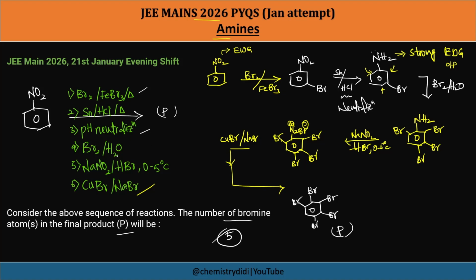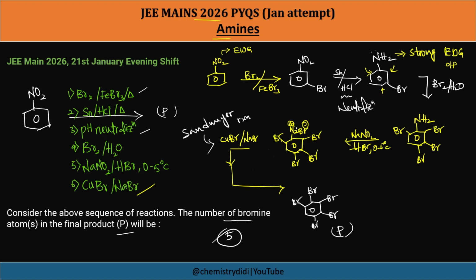Further we do bromination over here. As NH2 is a strong electron donating group, the bromine will get substituted over all the ortho and para positions. Then in the next step we did the diazotization reaction. Here simply this NH2 gets converted to N2 plus Br negative, and then we did the Sandmeyer reaction.